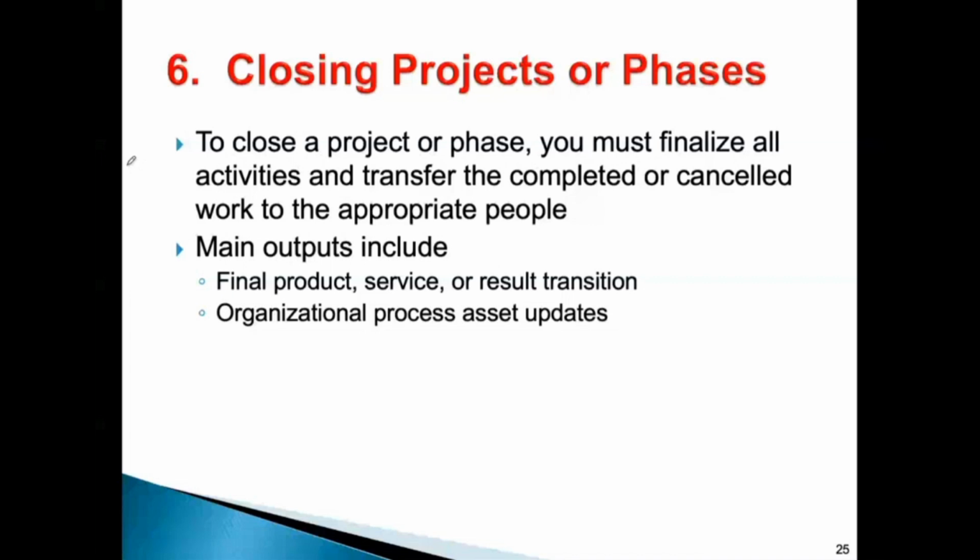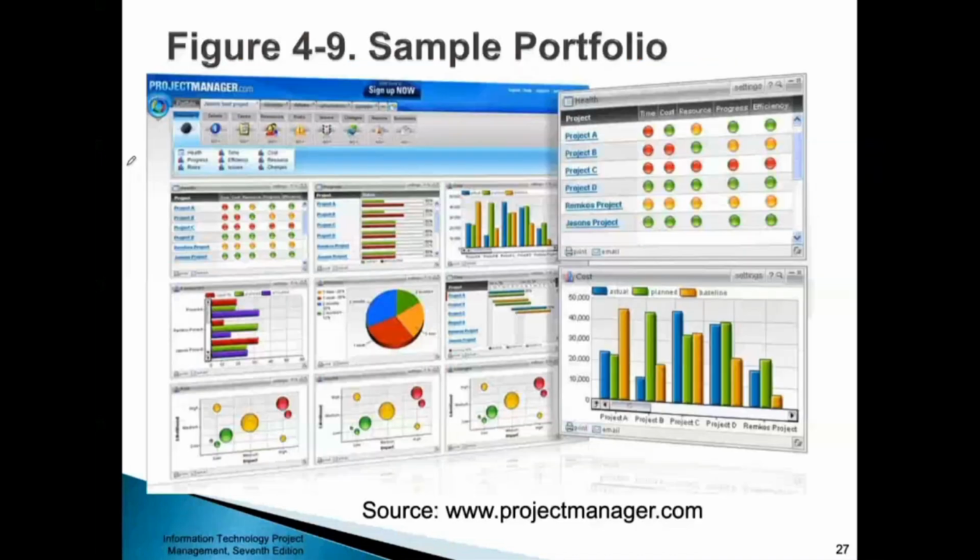This is an example of one of the systems called projectmanager.com. You can go to this website. They have lots of resources. Very good website. And you can see these screens here. It shows you your portfolio of projects.